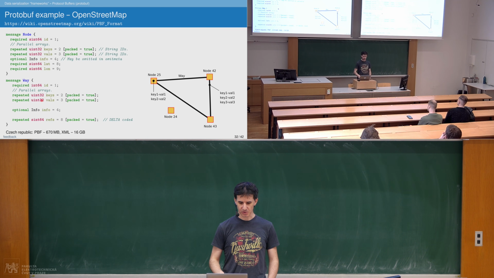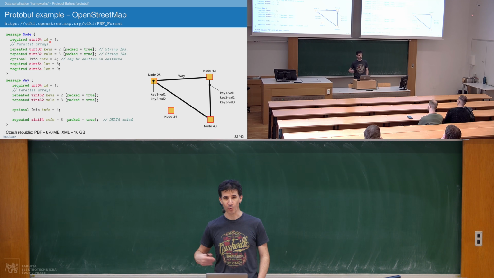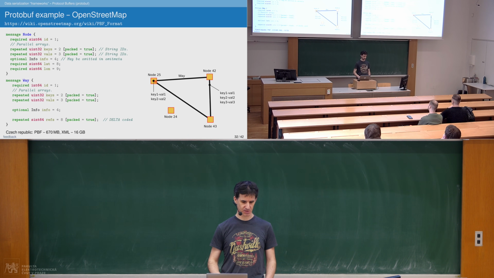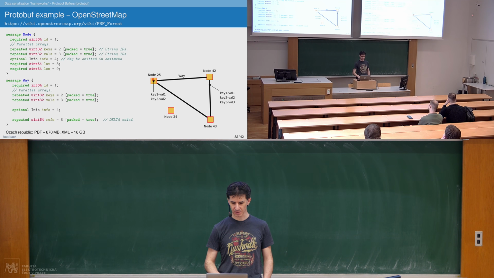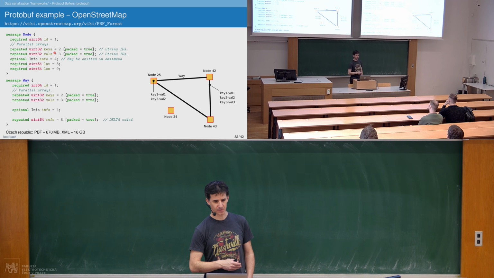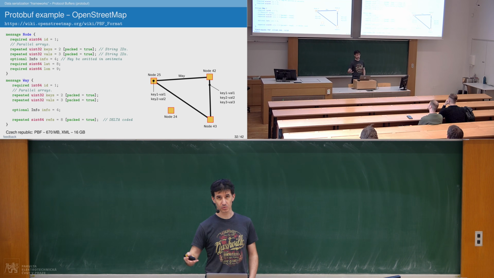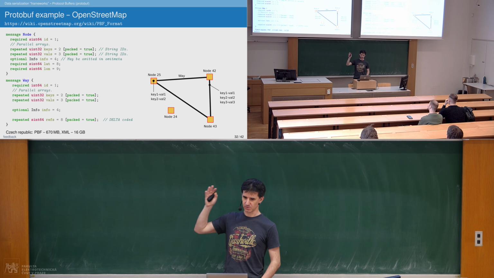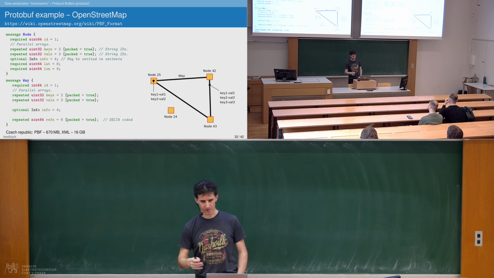This is the definition of the data structure of OpenStreetMap data. Basically everything is encoded as a node, where a node is defined by latitude, longitude, and then it has some keys and values where you can store whether this is a road, whether this is, I don't know, a wood, whether this is a river or whatever.